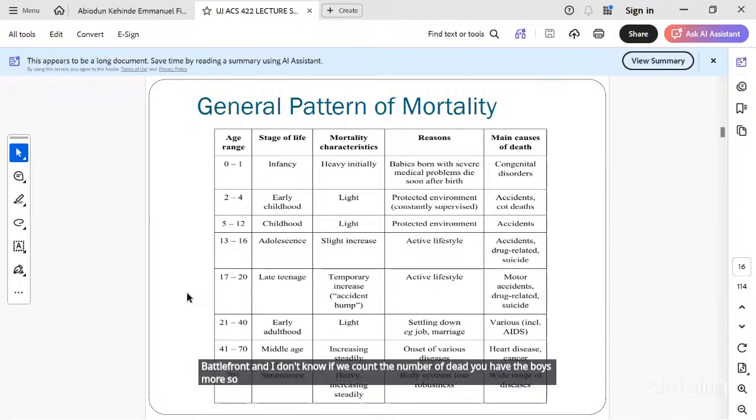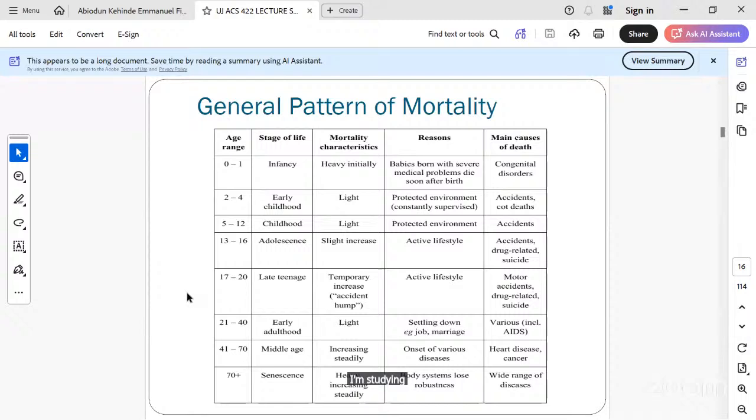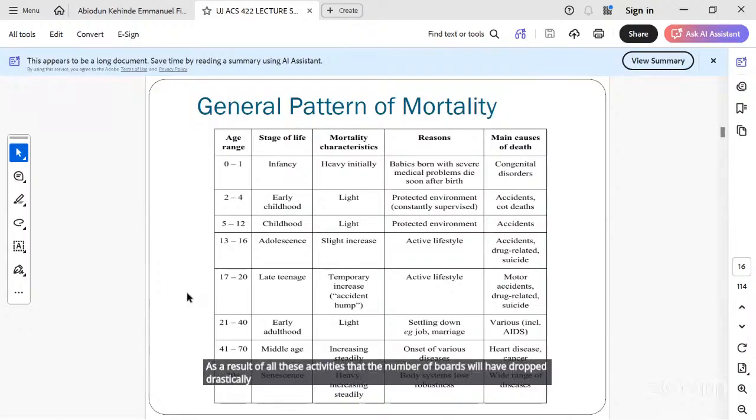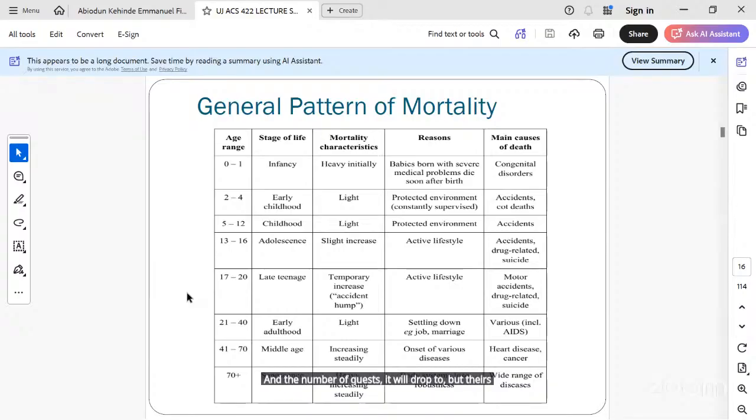So you can imagine if I'm studying a cohort, 100 boys, 100 girls from birth, you will understand as a result of all these activities that the number of boys will have dropped drastically, and the number of girls will drop too, but theirs will still remain stable.